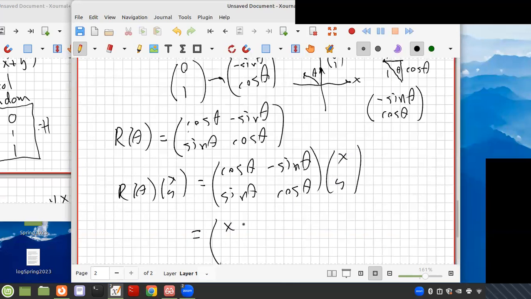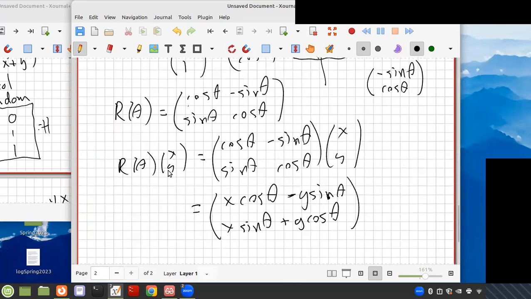You end up with x cosine theta minus y sine theta, and the lower component would be x sine theta plus y cosine theta. So if this was the original vector, for any vector x and y, this is the rotated vector.